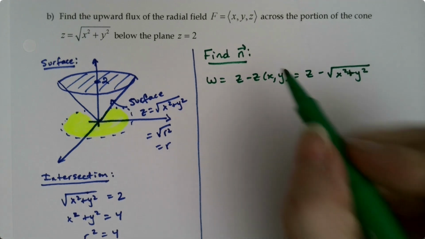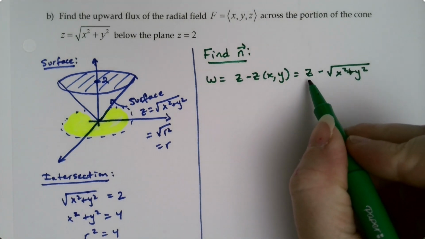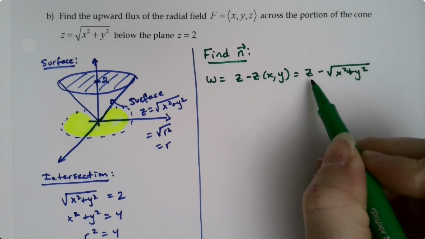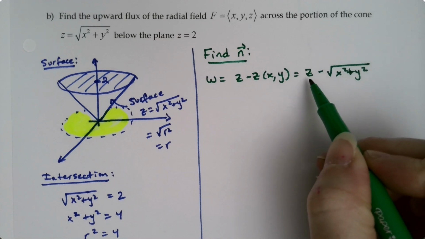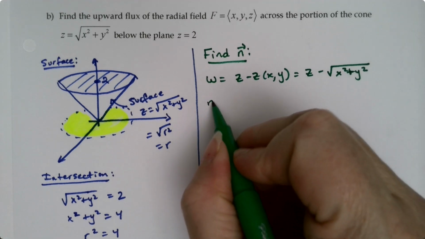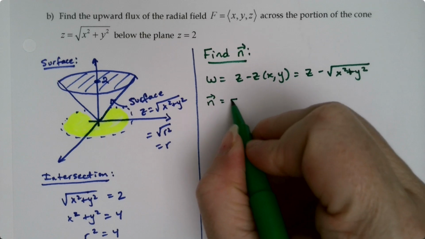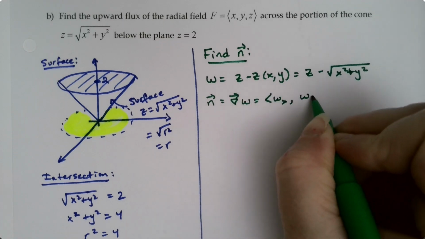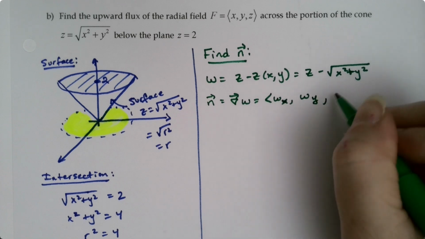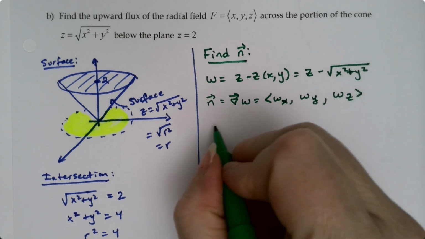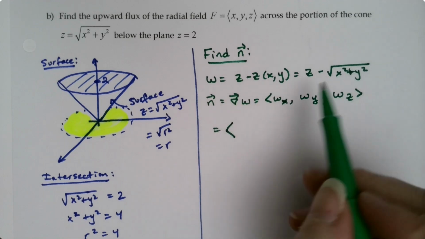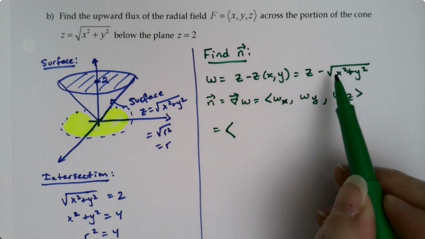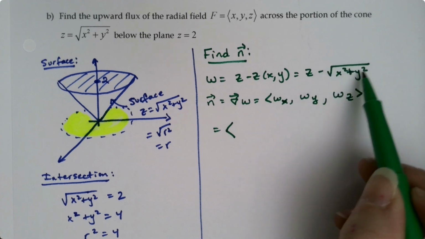All right, because we want upward, we want the z in front, and this is going to work because that'll give us 1 for the derivative when we get there, which is what we're about to do. So the normal vector is the gradient of w. That's wx comma wy comma wz. All right, so just like with the last one, this is to the 1/2 power, really.